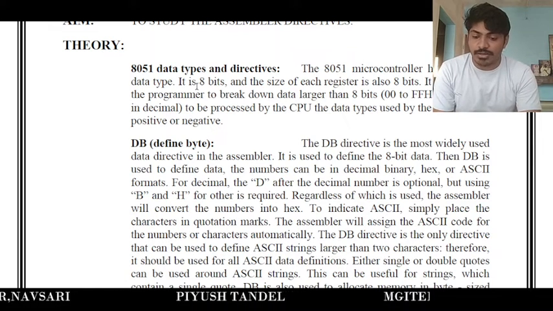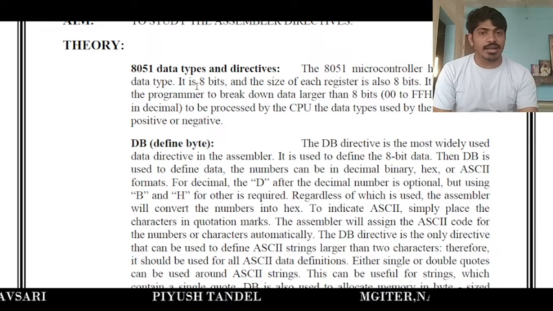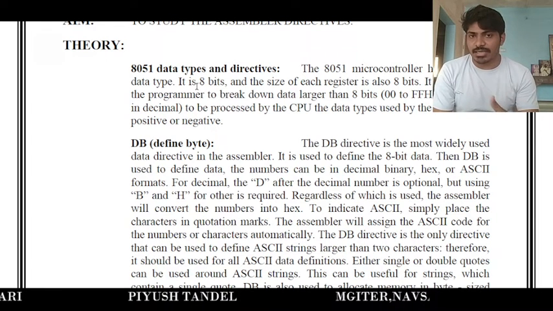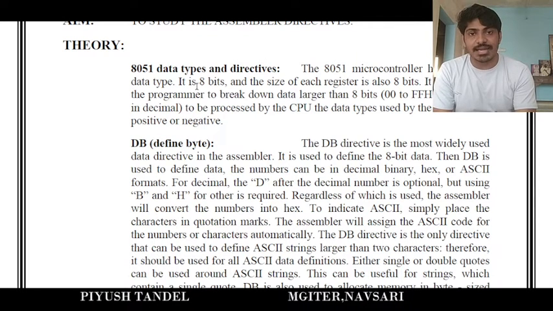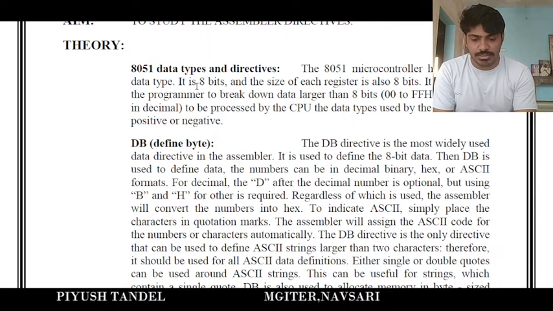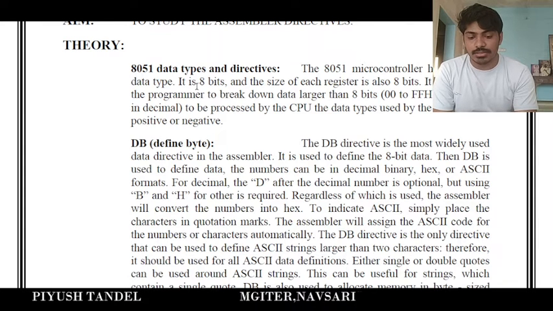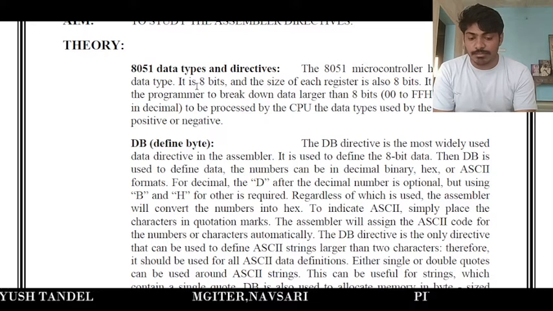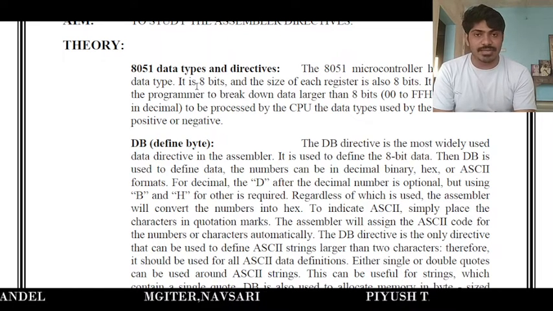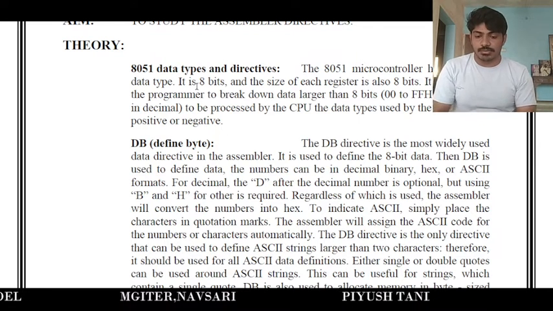The assembler will convert any number we are writing, whether in decimal, binary, or hexa, into the hexa number. That is the first thing. And to indicate ASCII, simply place the character in quotation marks. So in ASCII we need to place the quotation marks.